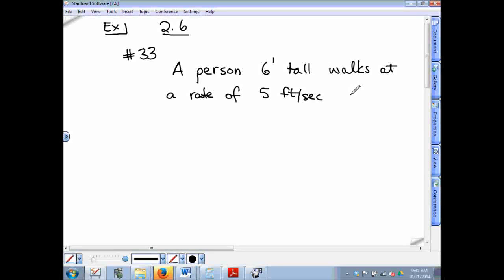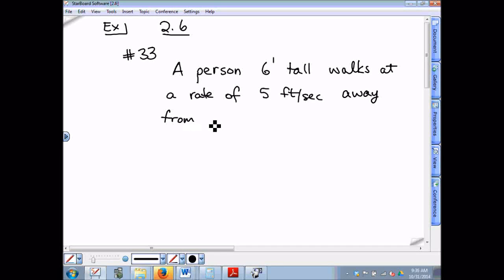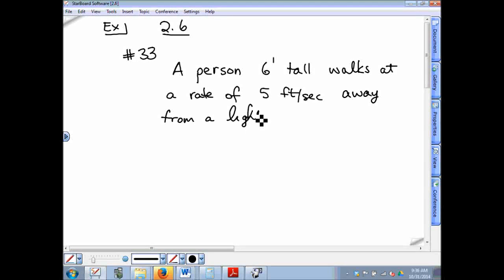But anyway, from a light, or away from a light that is 15 feet, so like a lamppost, I guess, above the ground.